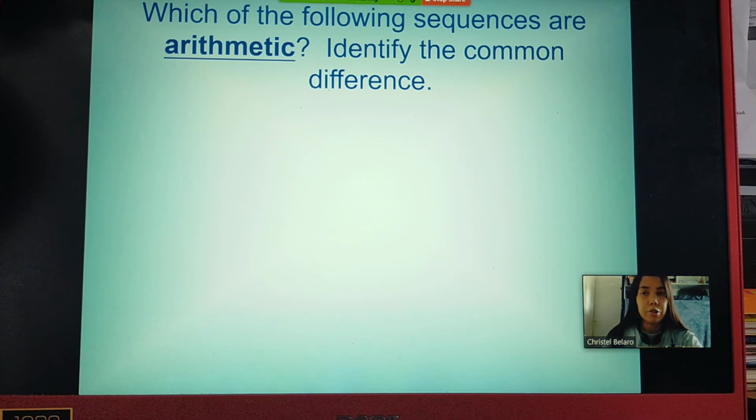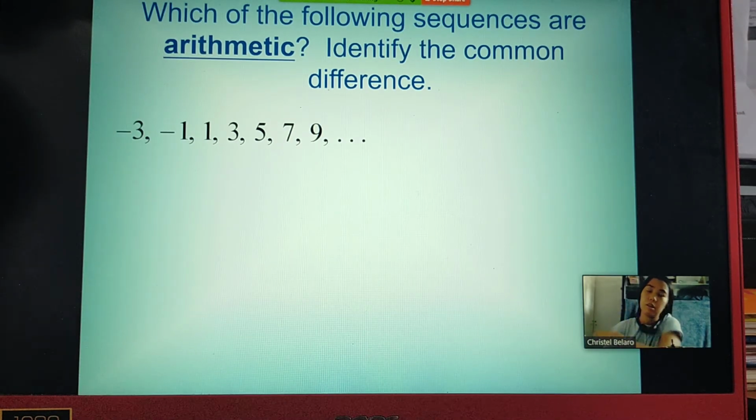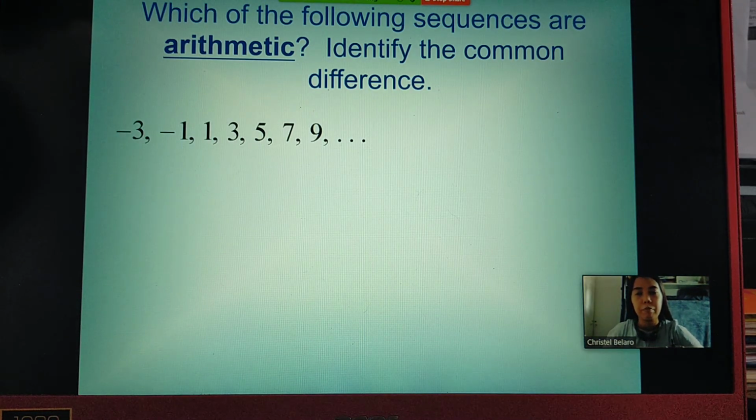Let's try number 1. Yes, Mitzi? Is it an arithmetic given this? What is the common difference? Do they have a common difference? Negative 1 plus 3. The answer is 2. 1 plus 1 is 2.